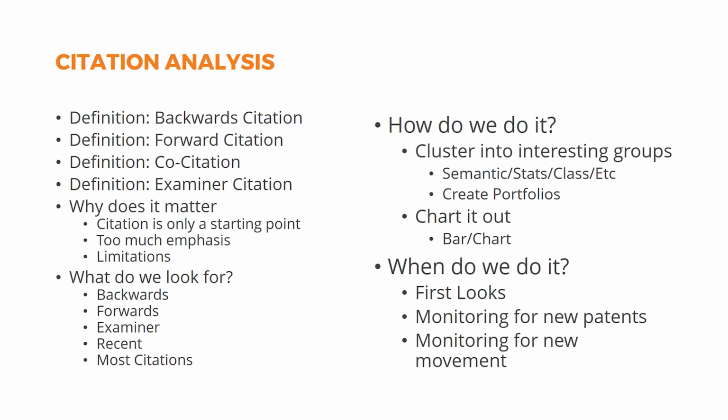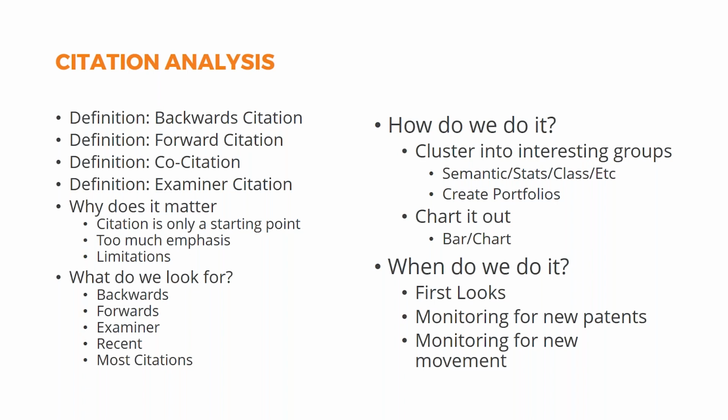Forward citation is when a matter has been granted or published and is then used as prior art for another piece of art forward in time, to distinguish that piece of art. So if you think about a matter as a point in time, anything backward cited was used for it to get granted. Forward citation is everything else that has used that matter as prior art to get granted forward.